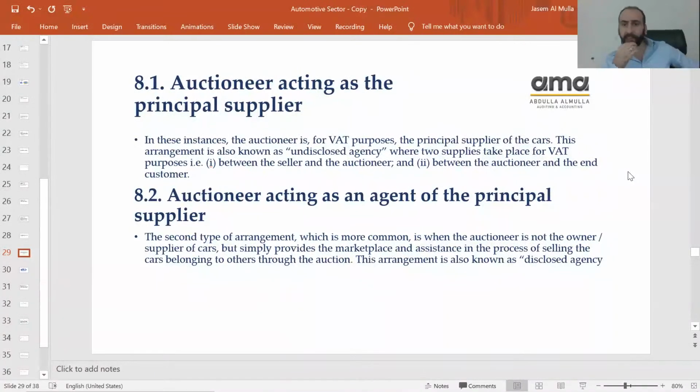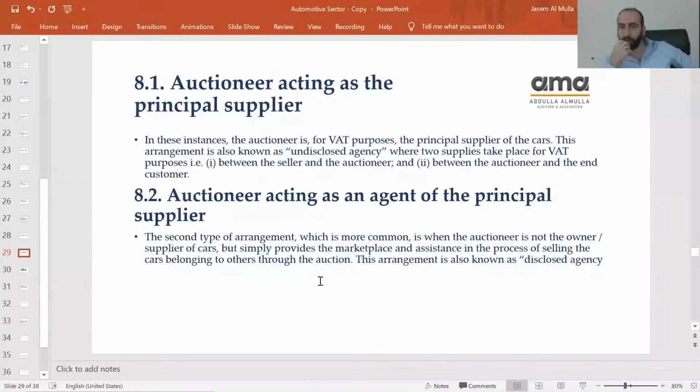Auctioneer acting as an agent of the principal supplier. The second type of arrangement, which is more common, is when the auctioneer is not the owner or supplier of the car, but simply provides a marketplace and assistance in the process of selling the car belonging to another through the auction.